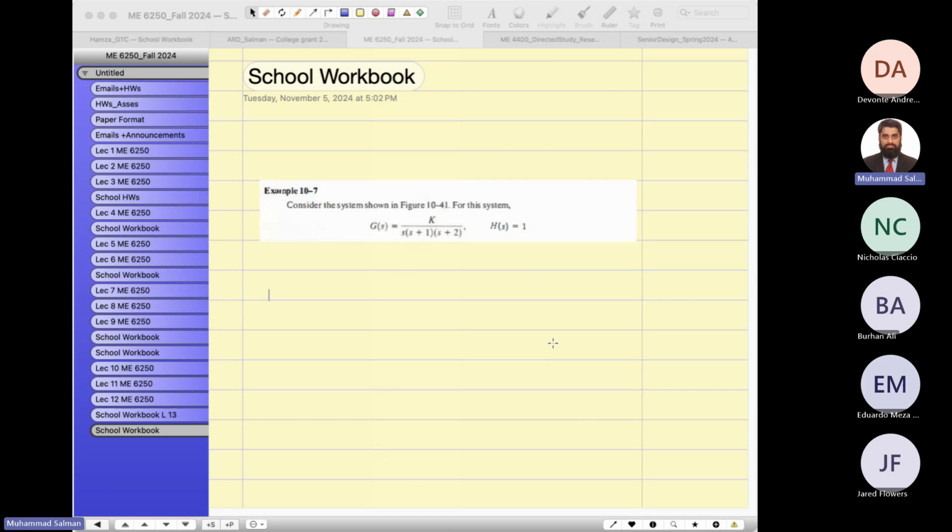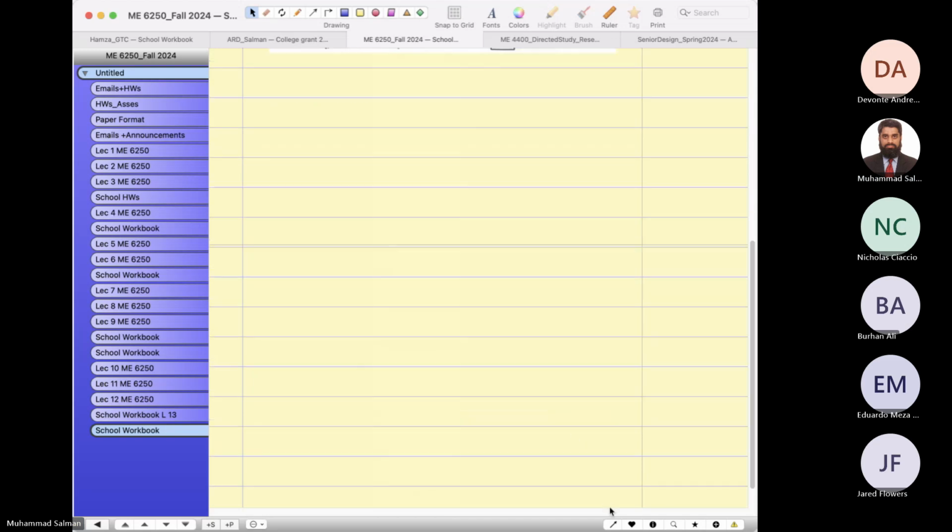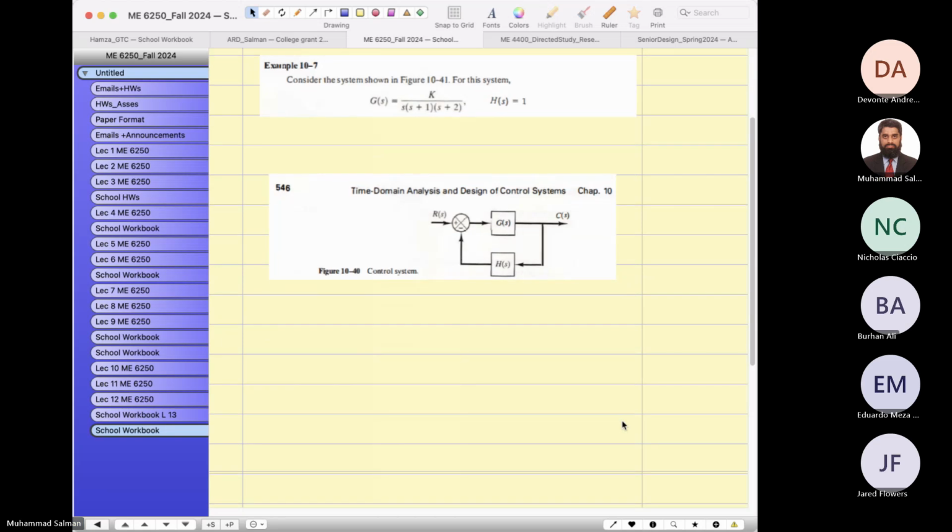If I go over here and grab this root locus methodology, okay, this one. This is figure 10-40 in our book chapter, and I want to draw the closed loop equation from here, the block diagram.